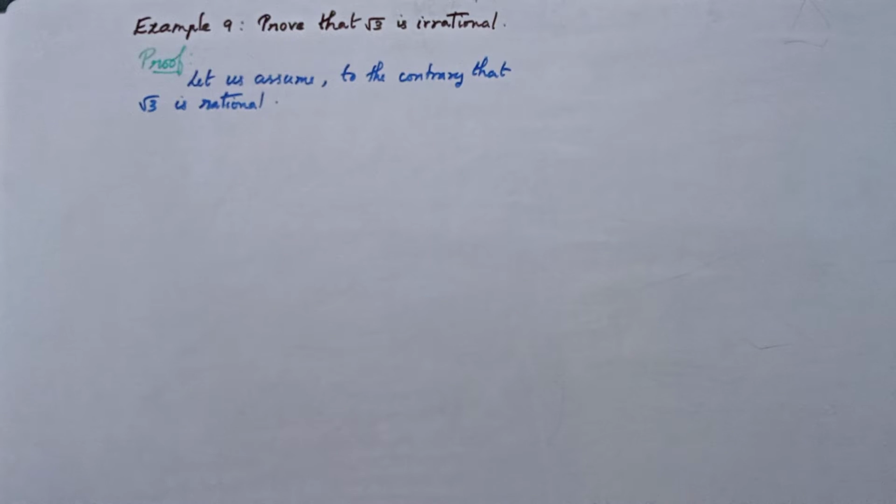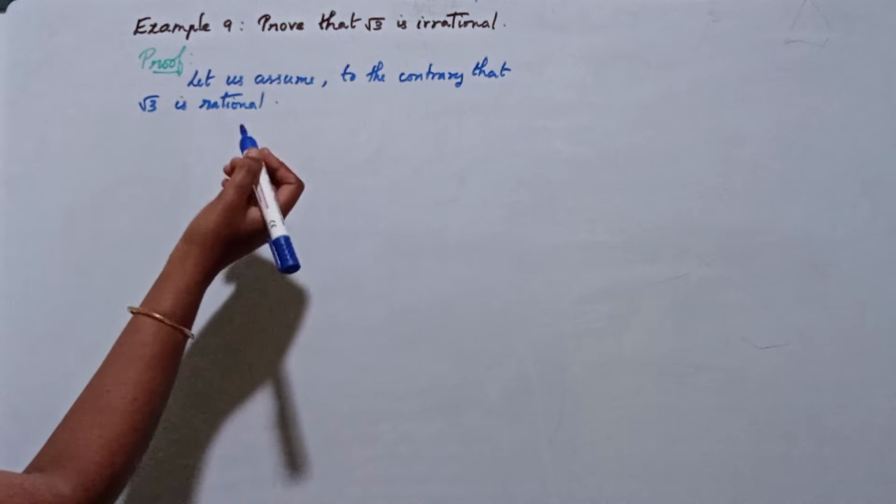Okay, then the next step is we are going to take that square root of 3. If it is rational, that can be represented in the form of p by q. Either you can write square root of 3 is equal to p by q, otherwise you can write it as a by b, anything. Okay, so I'm going to take this as a by b.